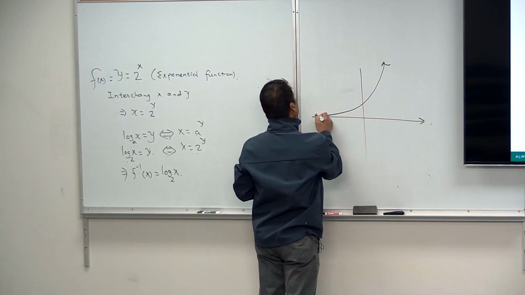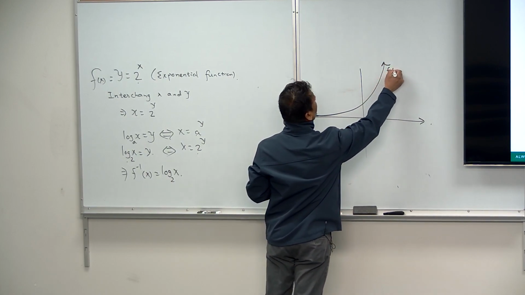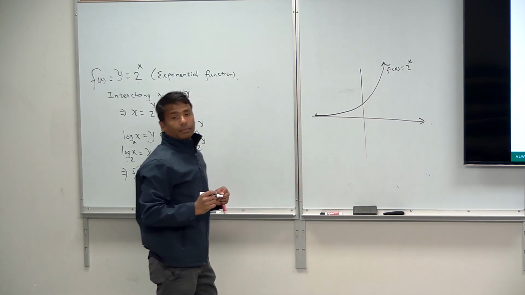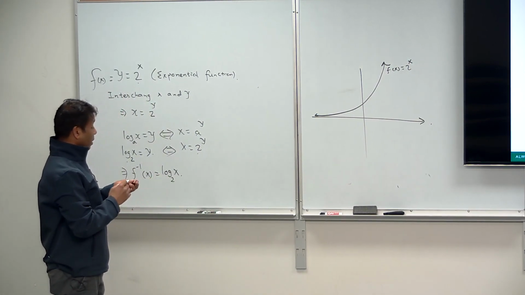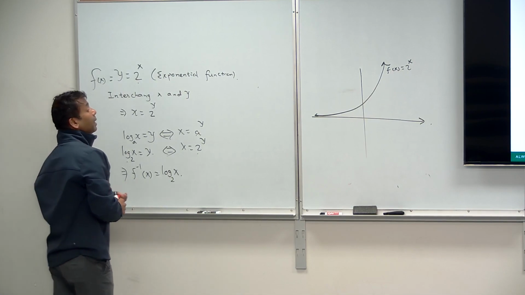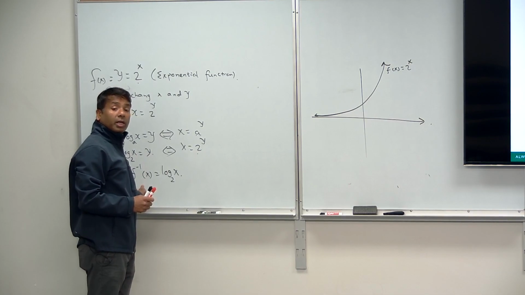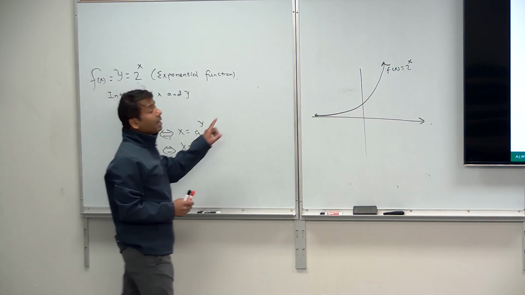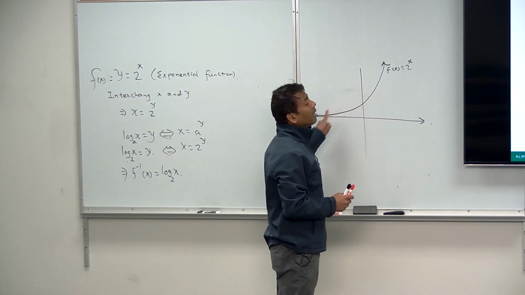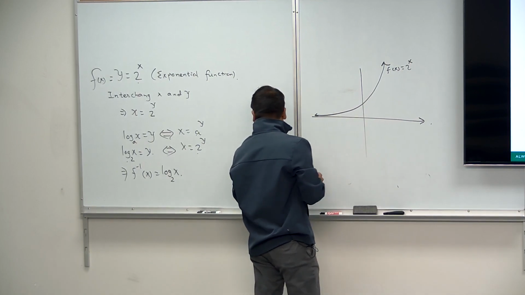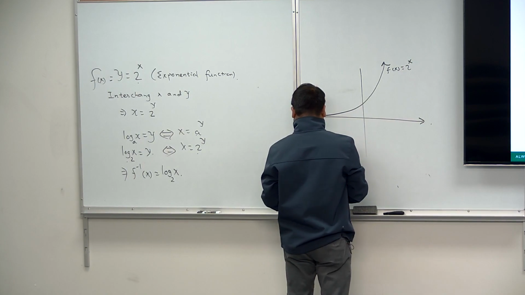This is the graph of f(x) equal to 2 to the power x. The graph of the inverse function is obtained by reflecting this graph across the line y equal to x.